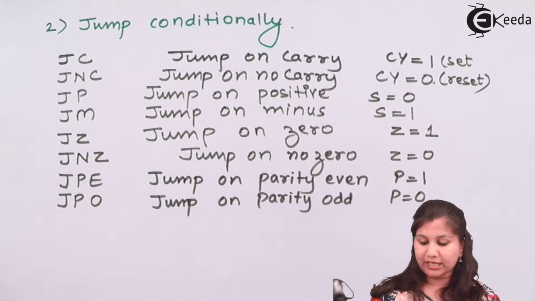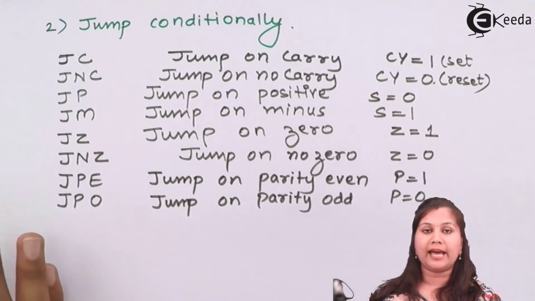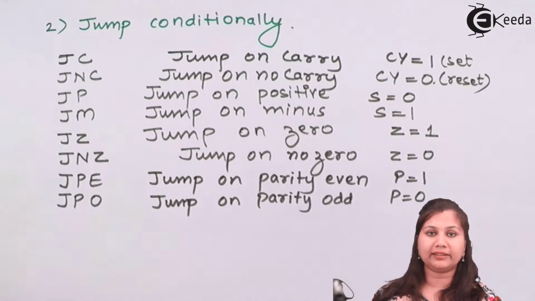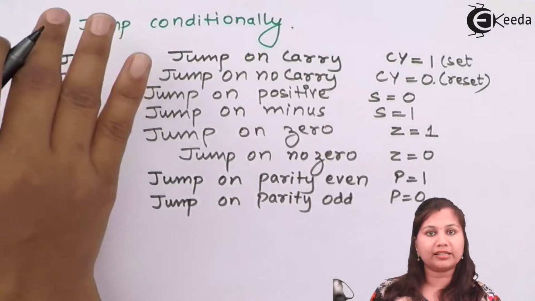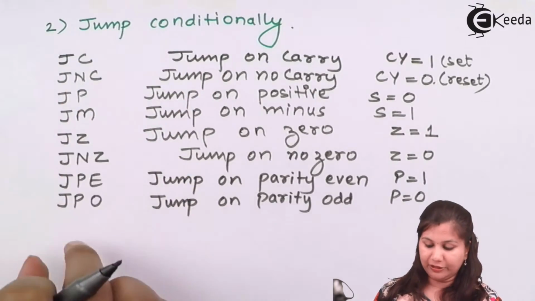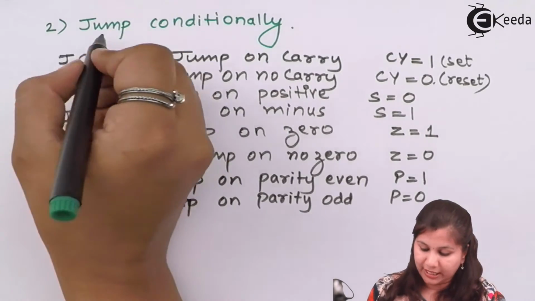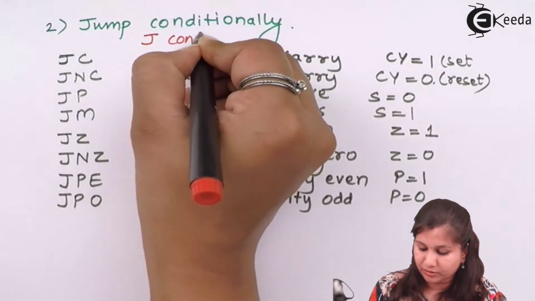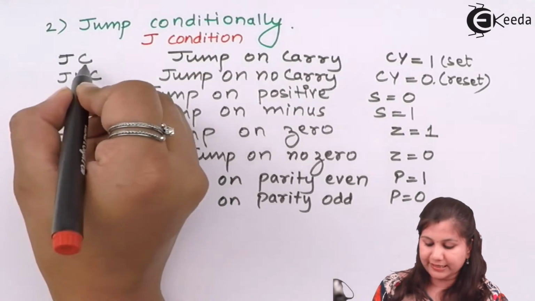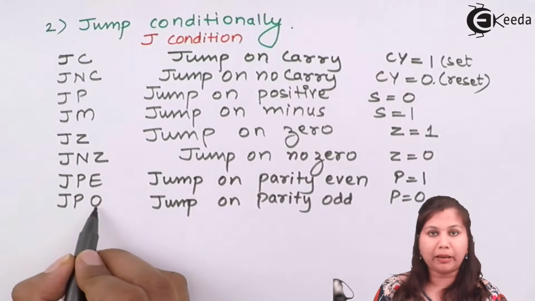Okay. So these are the conditional jump instructions which are using the various conditions, and when those conditions are satisfied, then the program sequence is transferred to some other memory location, and the address will be specified in the instruction itself. After these conditions, a 16-bit address will be specified. So we can say that the mnemonic will become J, and the condition is carry, no carry, positive, minus, zero, no zero, parity even, and parity odd.